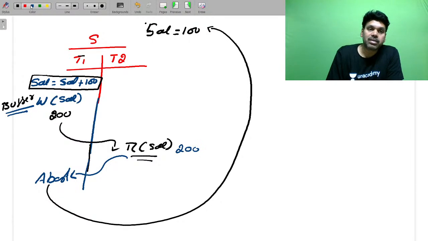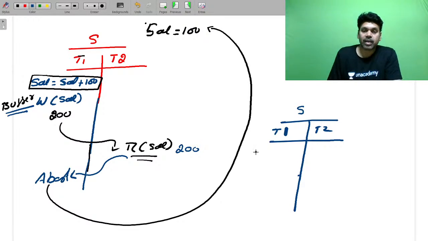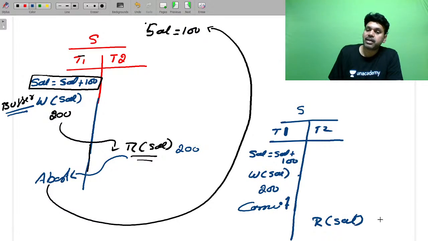For example, the same actions I'm going to write here. There is a schedule S and a transaction T1 is issuing like this: sal is equal to sal plus 100 and W of sal, 200 it becomes. It issues a commit. After that, if I read it, then you are going to read the value 200, no doubt.